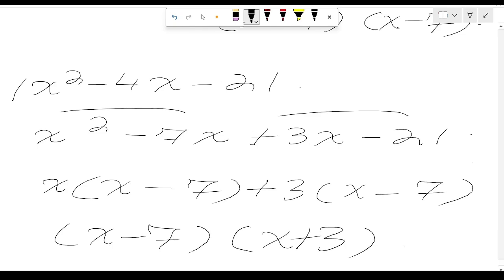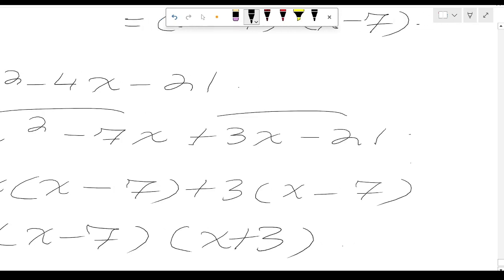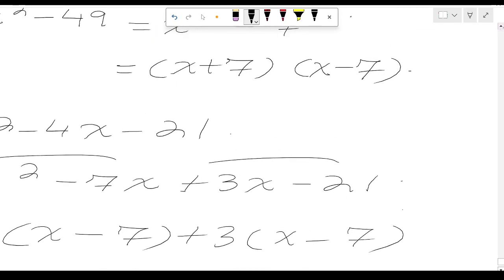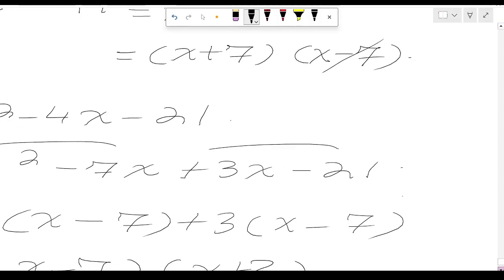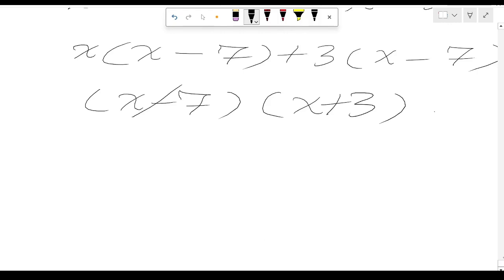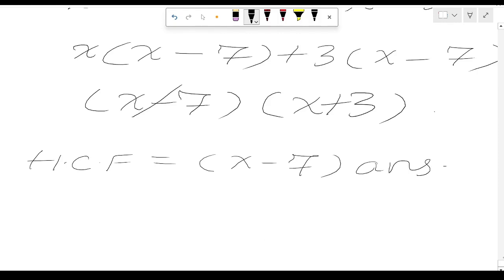So here I have simplified this quadratic expression too. Above we have x plus 7 and x minus 7, so x minus 7 is the common factor in both. So the HCF is equal to x minus 7, and this is our answer.